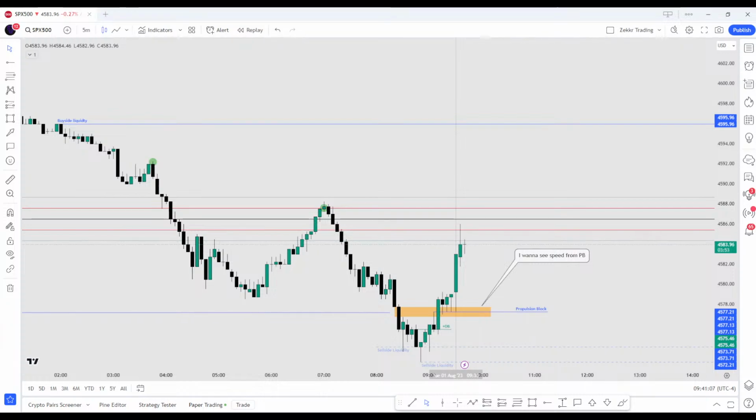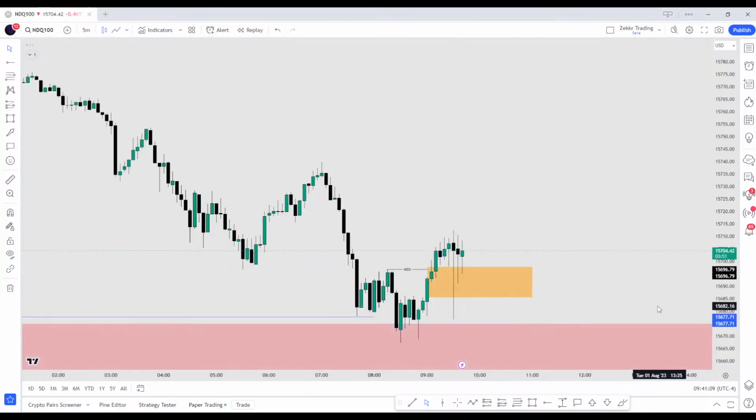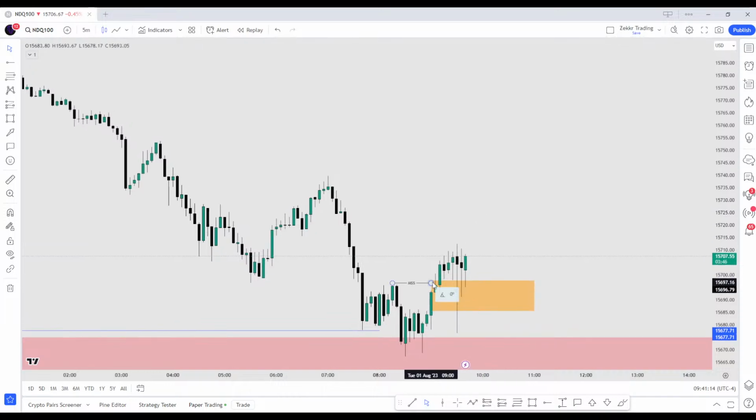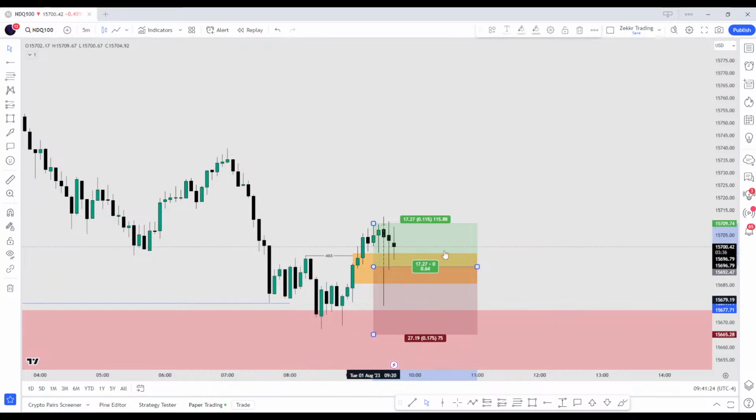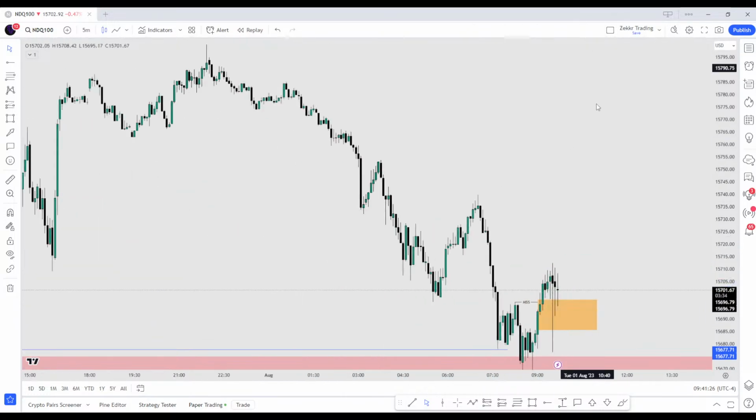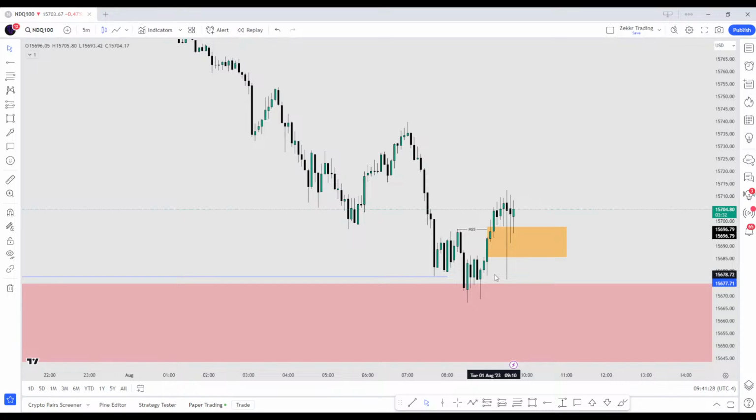Why don't you take Nas long? I don't trade Nasdaq really, because yeah, we did have a nice long, as I said. Stop loss would be below here, or I would place it below the original low. But I don't really trade Nasdaq. It has a nice setup though.